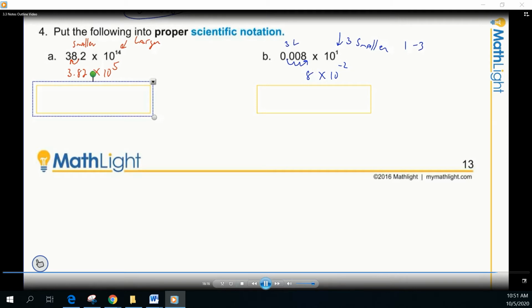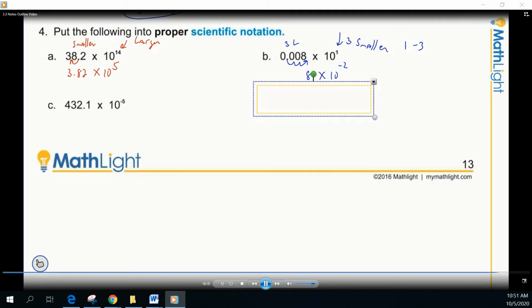Okay, let me show you these last two. I would pause the video and go ahead and do them, and then turn it on and see if you got them correct. Go ahead and do C and D. Pause the video, try them, and then turn it back on. Okay, so here was your logic. 4.321. I got 2 smaller, so I need to be 2 larger. Remember, with negative exponents, the less negative, the bigger.